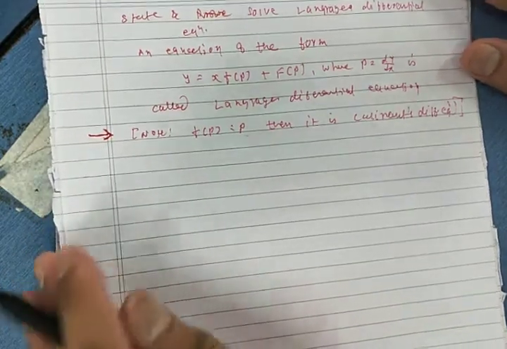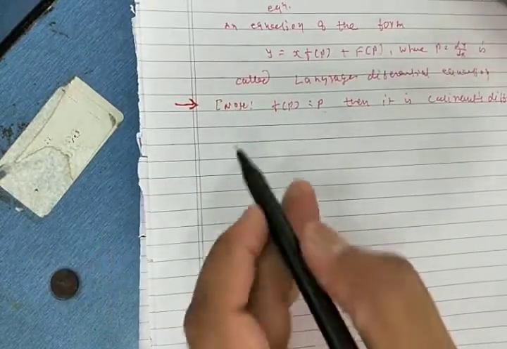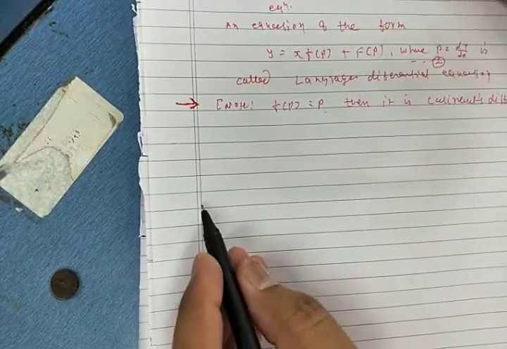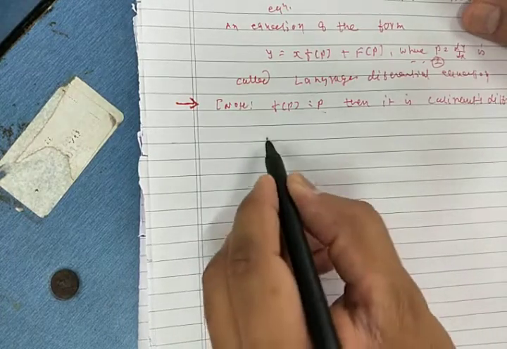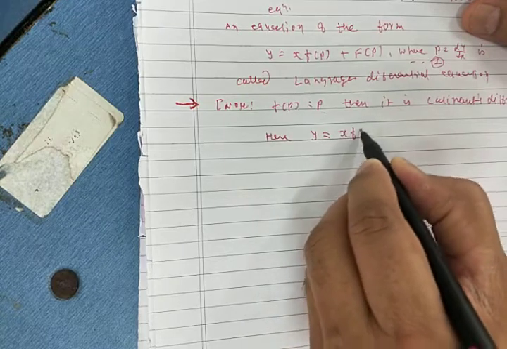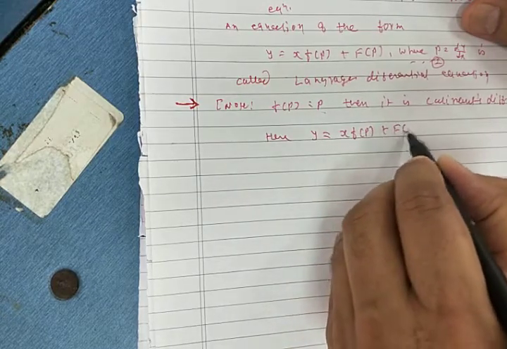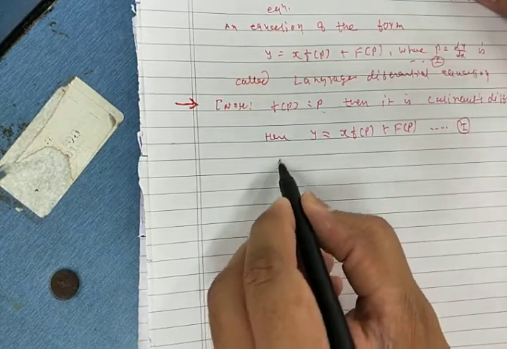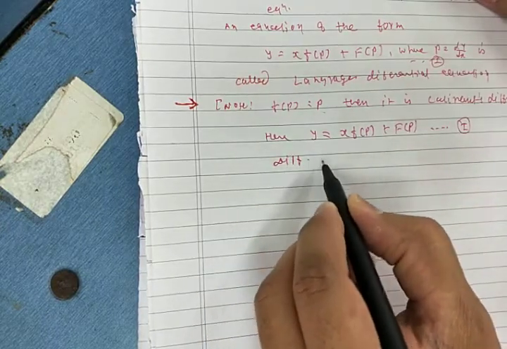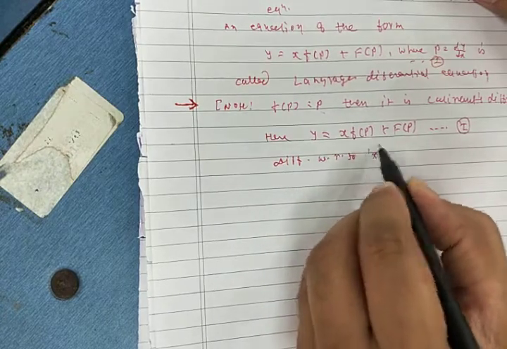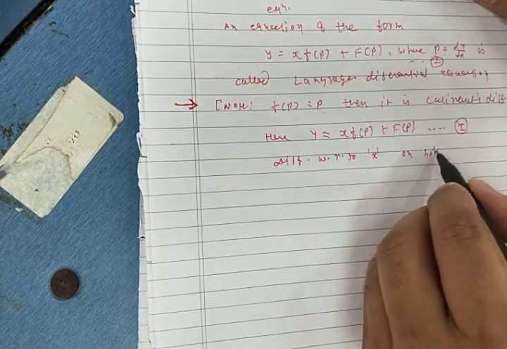Now see here. Say equation number 1. It is solvable for y. Here y is equal to x f of p plus capital F of p. Say equation number 1. Differentiate with respect to x on both sides.